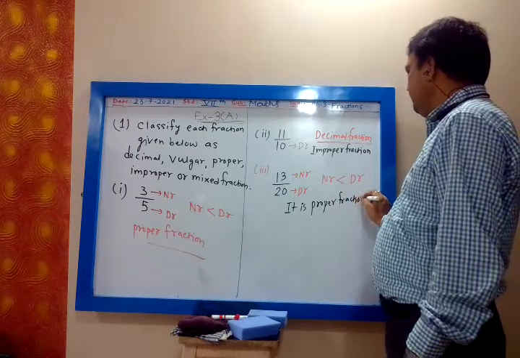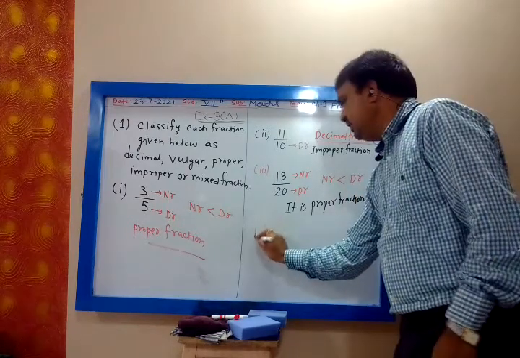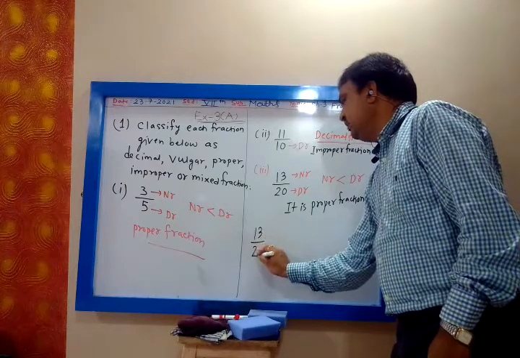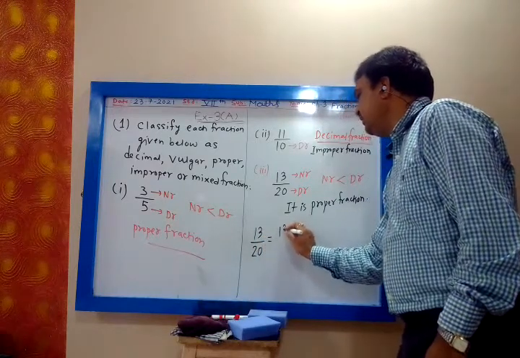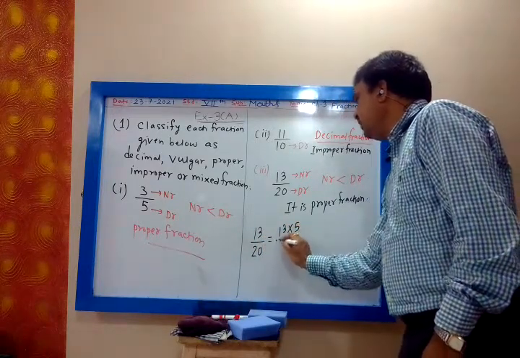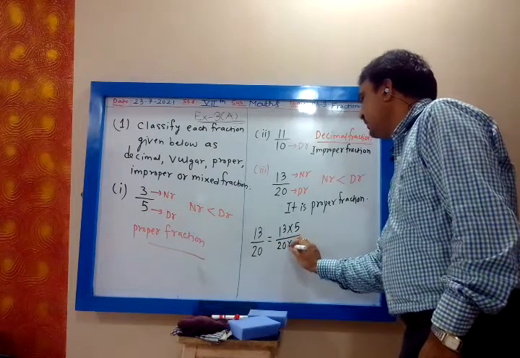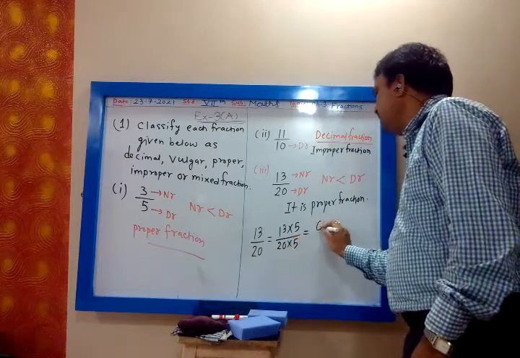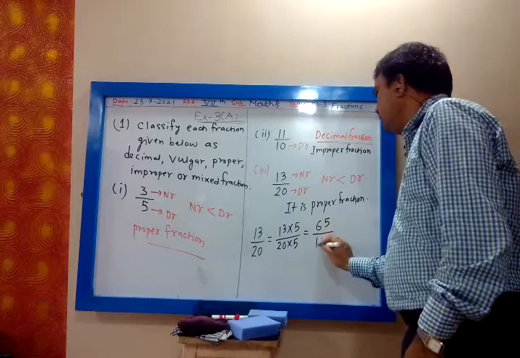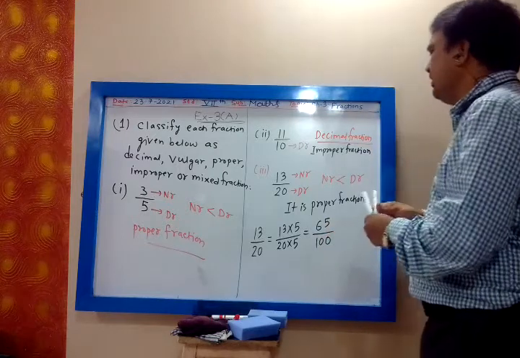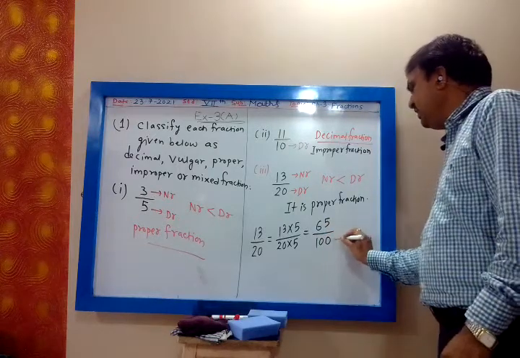Now see one more thing. 13 upon 20, you can also write as 13 into 5 upon 20 into 5, that is 65 upon 100. So now what is the denominator? The denominator is 100.